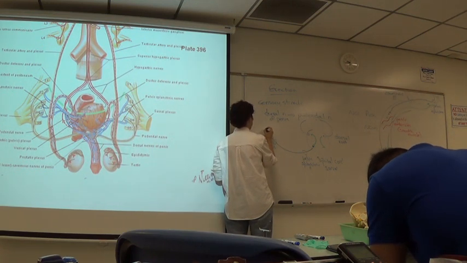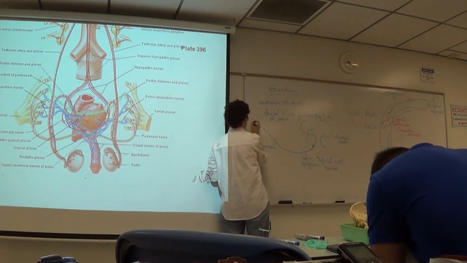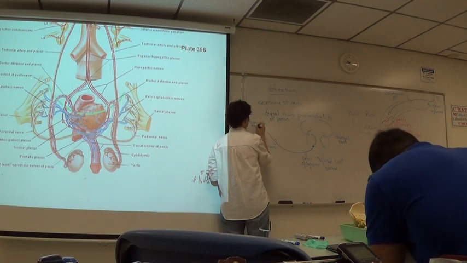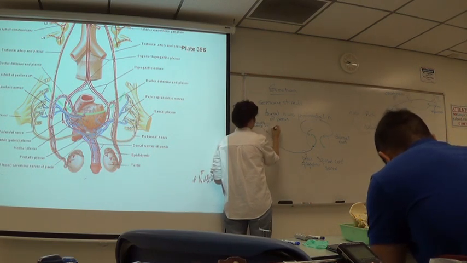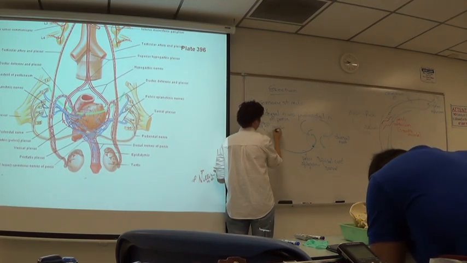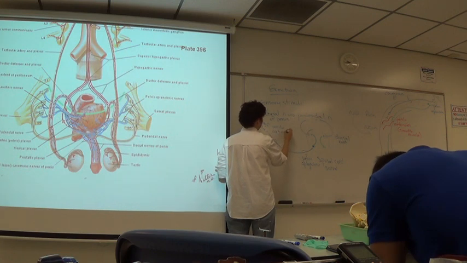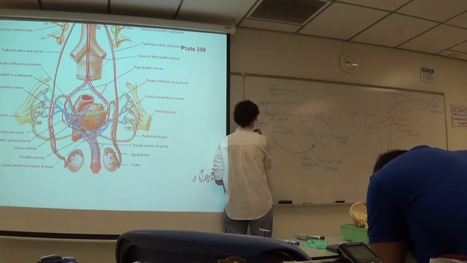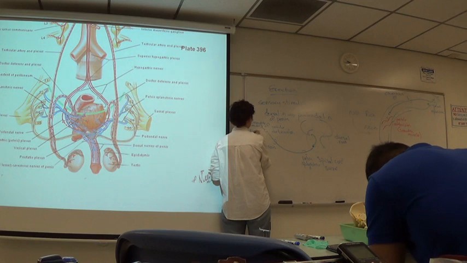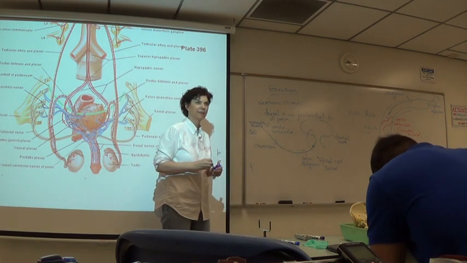And then within the penis, this binds to smooth muscle cells, and we have the effect of nitric oxide.